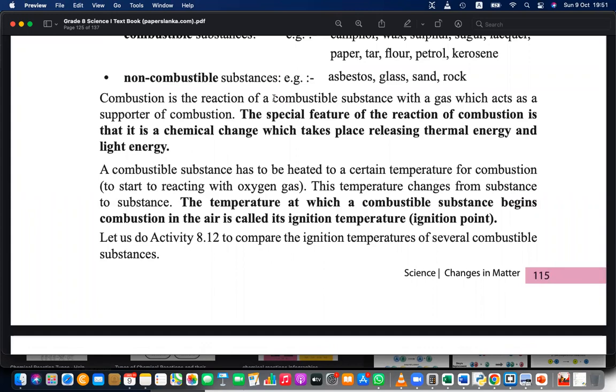The temperature at which a combustible substance begins combustion is called the ignition temperature.